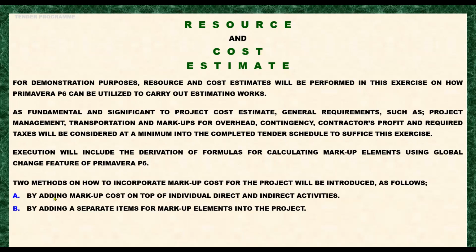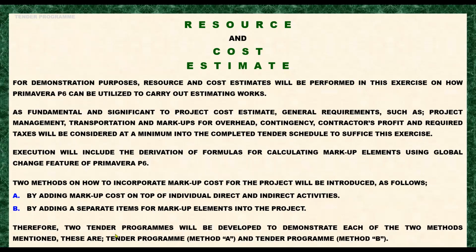Next, two methods on how to incorporate markup costs for the project will be introduced as follows. Method A is by adding markup cost on top of individual direct and indirect activities. And Method B is by adding separate items for markup elements into the project.